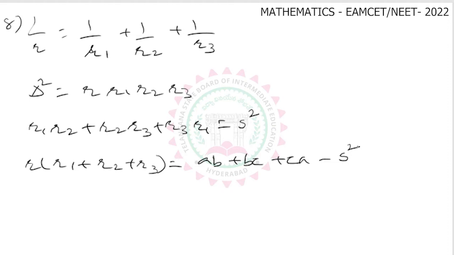Is it clear? So these are the various formulae of this chapter. It is a small introduction. Then I will directly come to the problems.